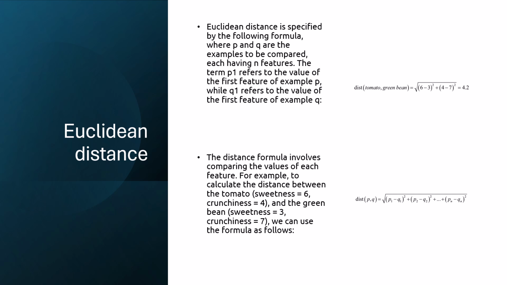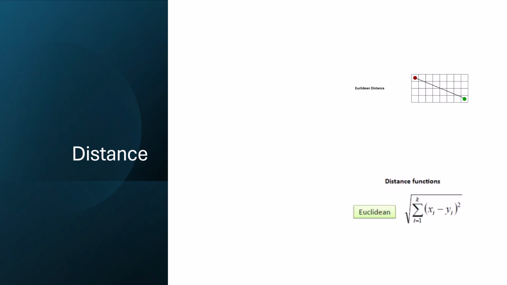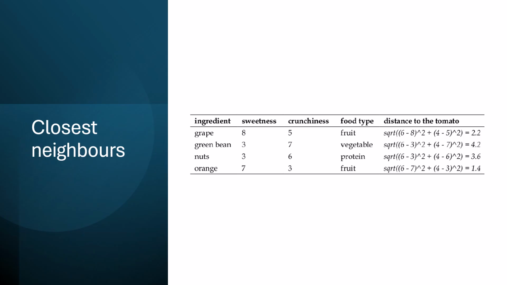We can use the formula based on the features of the ingredients to calculate the distance to the tomato. The distance to the tomato is 2.2 for grape, 4.2 for green bean, 3.6 for nuts, and 1.6 for orange.